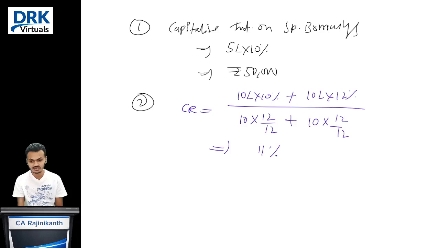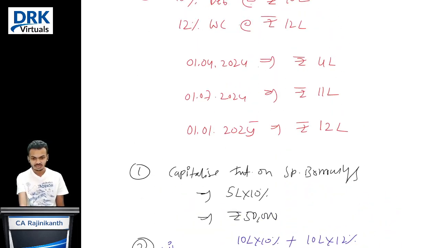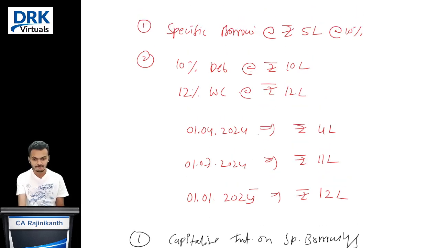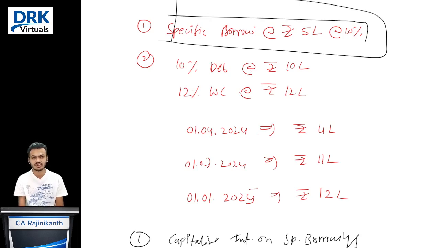And now the second step: calculate weighted average expense incurred on qualifying asset. This is the next step. So let's calculate. Here you should be very careful. Why? There is a specific borrowing of 5 lakh, correct?